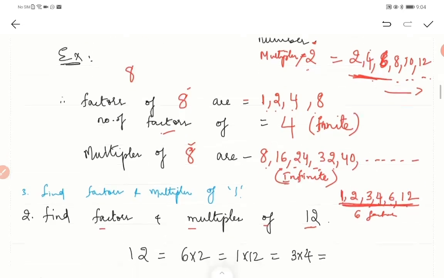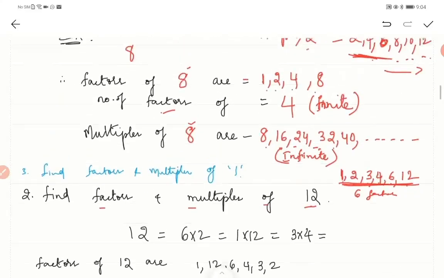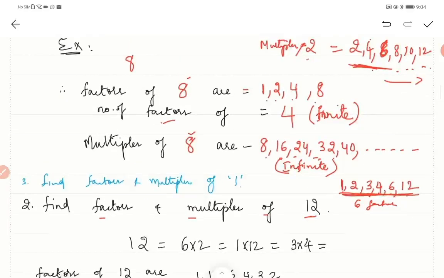What about multiples? Yes, you have multiples of 12 as 12, 12 twos is 24, 12 threes is 36, okay, 12 fours is 48, and so on.